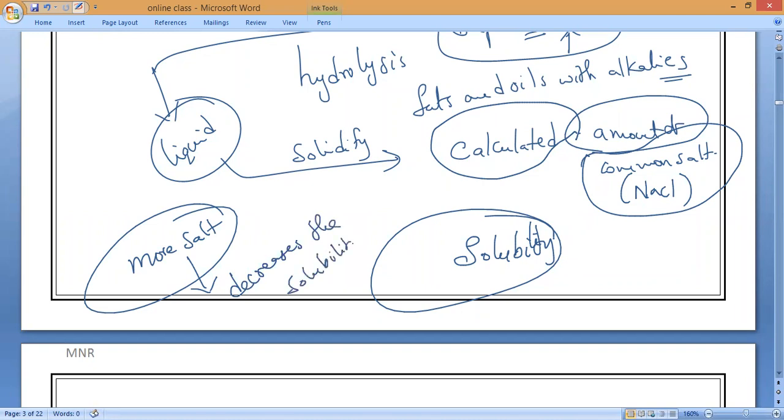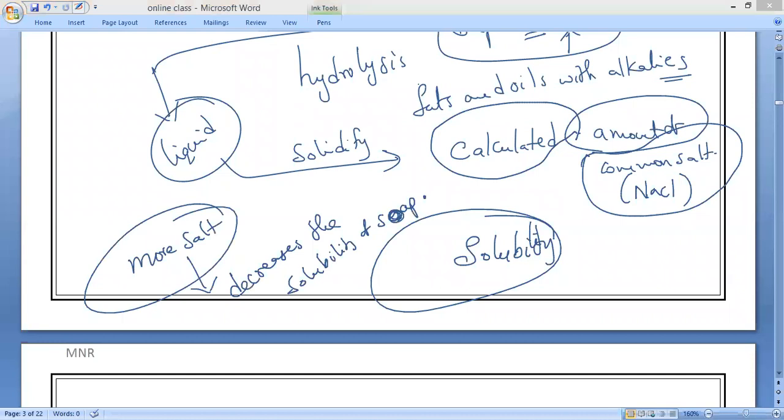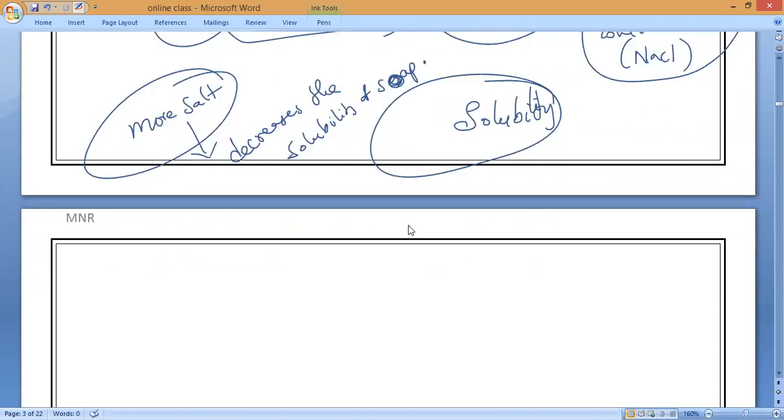You may hear your parents say that their soap is not reducing even though they use it continuously. That is based on the amount of salt present in it. If we add more and more, the solubility of soap is very low, and it will take more days to dissolve.